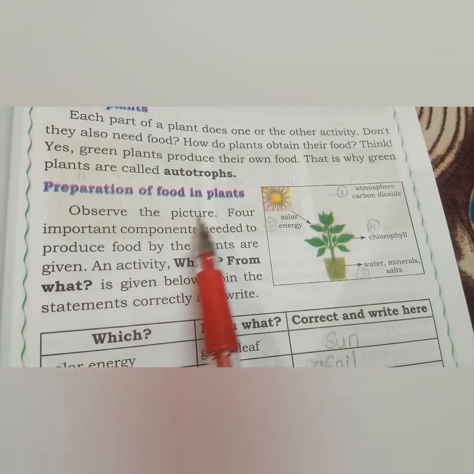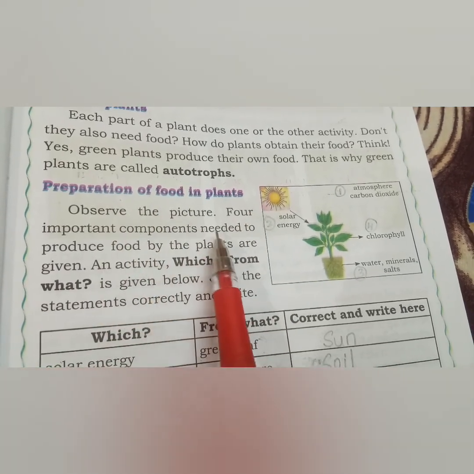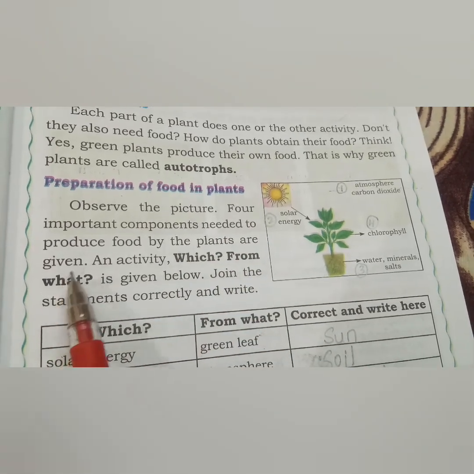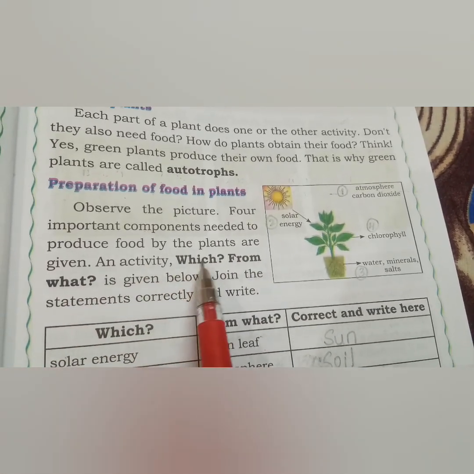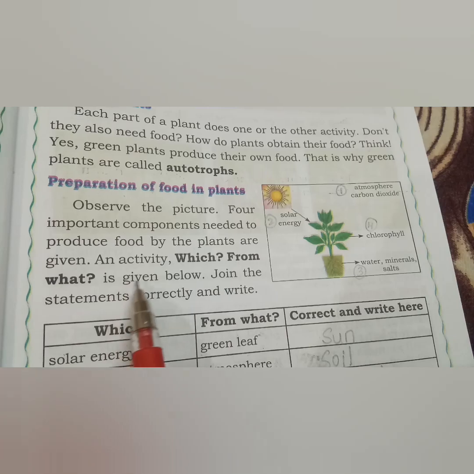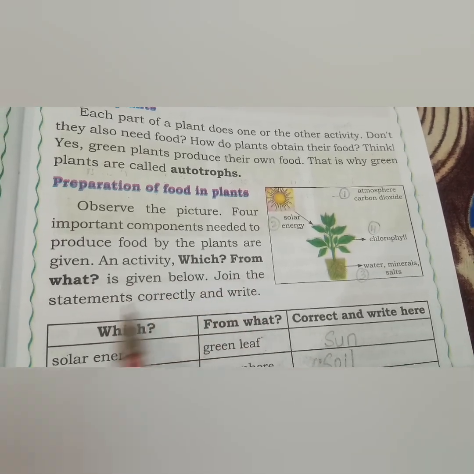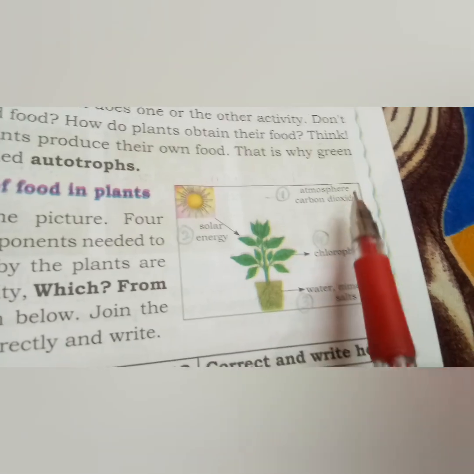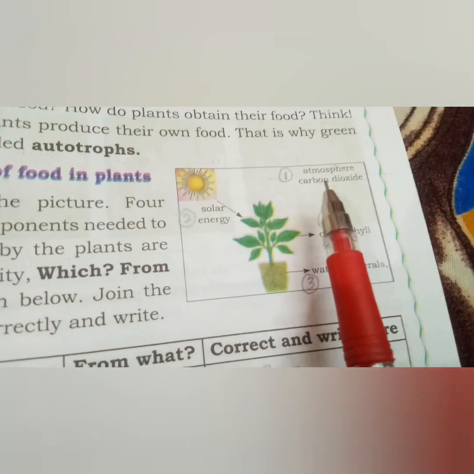Observe the picture. Four important components needed to produce food by the plants are given. An activity: join the statements correctly and write it. See children, this is the picture they have given. What is the procedure?